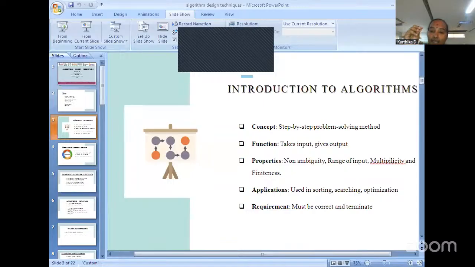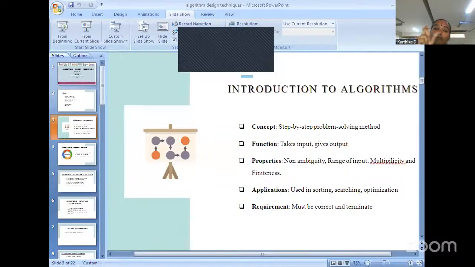If the key is present and we find the key at the very first time itself, it means it will take minimum time to search a key. That is called best case. If we find the key at the last, then it is said to be worst case. Average case means n+2, that is, in average time we find the same key. That is called average case.